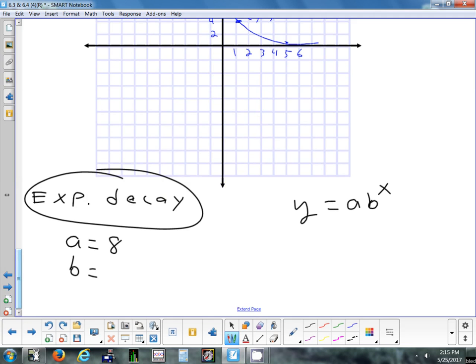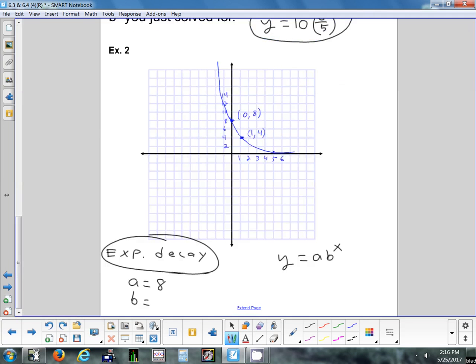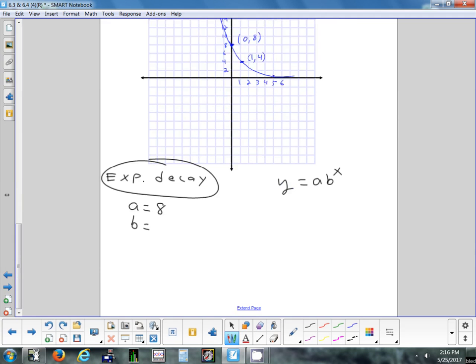How many letters in this formula do I know? Technically, I know more than that. How many letters do we know? Okay, which ones do you think we know? All right, what's the A? Okay, so we know the A is 8.